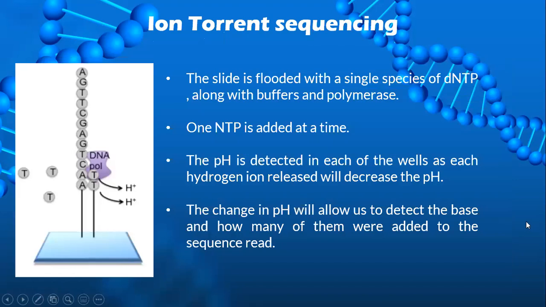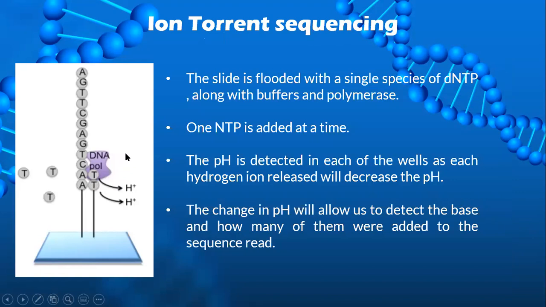So the steps in Ion Torrent sequencing include: the slide is first flooded with a single species of dNTP along with the buffers and the polymerase, and then only one dNTP is added at a time. The pH is detected in each of these wells as each hydrogen ion is released, and this will cause a decrease in the pH.